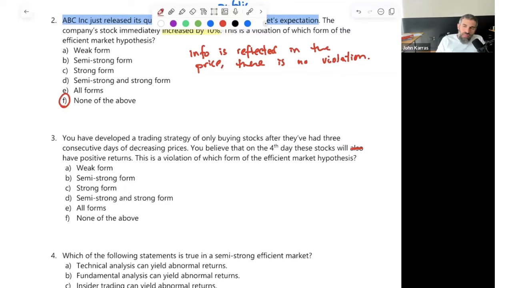Okay, I want to get into your brains here. Which two are you stuck between? If nobody's answering, you've got to be stuck between two. Are you saying it's historical, or is that one of the ones you're stuck between? You're saying it's historical? I agree with that. This is exactly what historical information is, guys. Historical information is you are looking at what the stock price has done in the past or has been in the past.